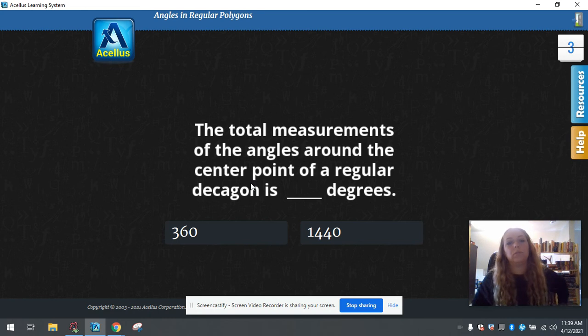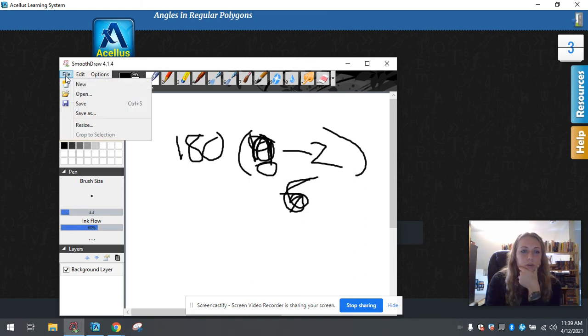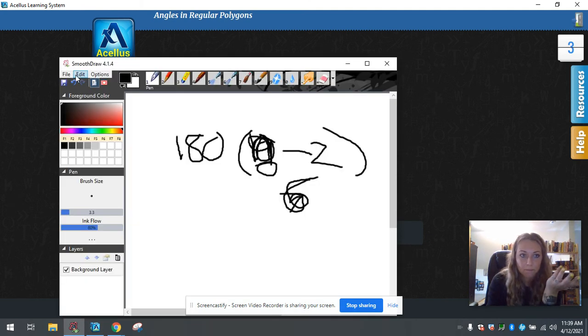The total measurement of the angles around the center point of a regular decagon is how many degrees? The key word here is the center point. We're not finding the sum of interior angles. We are looking at the angles around the center point.